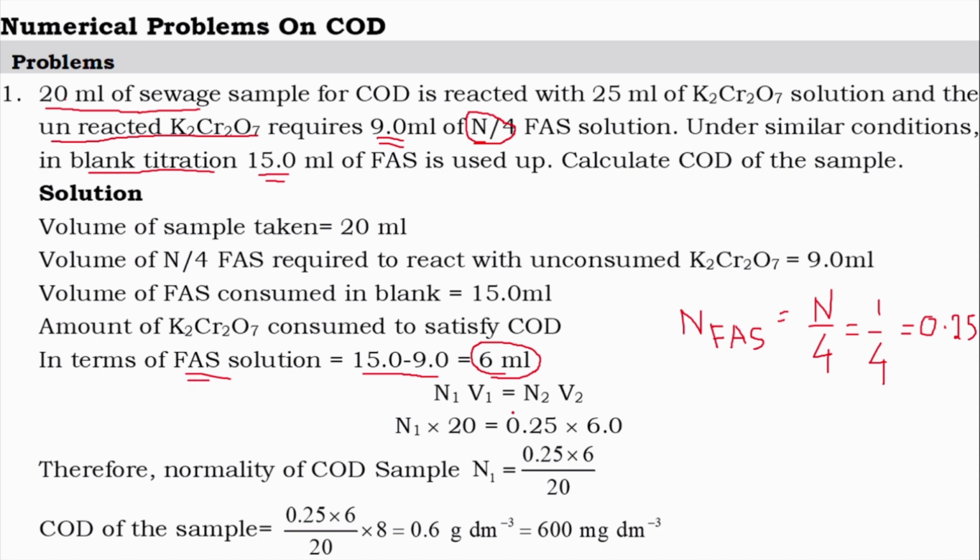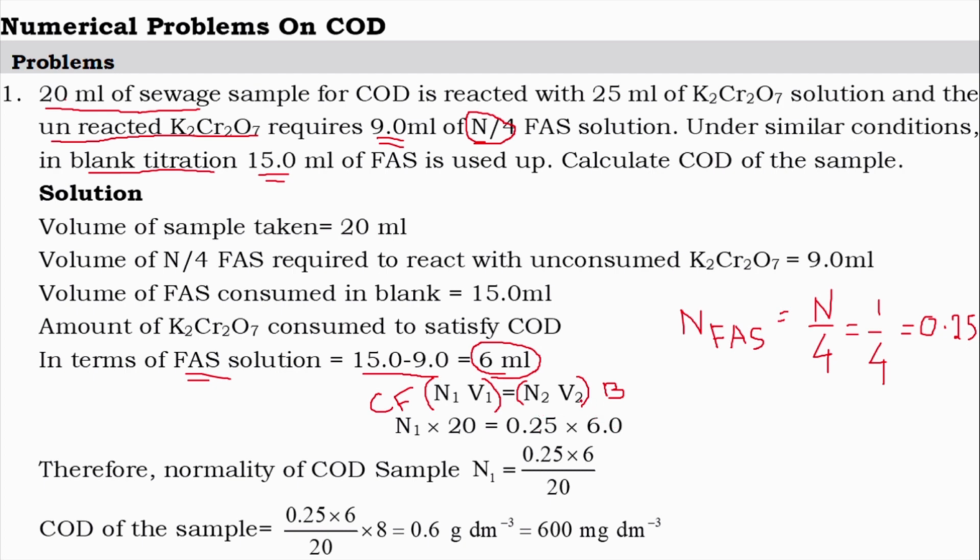Now coming to the formula. N1V1 of the conical flask solution is equal to N2V2 of the burette solution. Always the left hand side is the conical flask, the right hand side is the burette. So the normality of the burette solution is FAS, which we know as 0.25. Substitute.